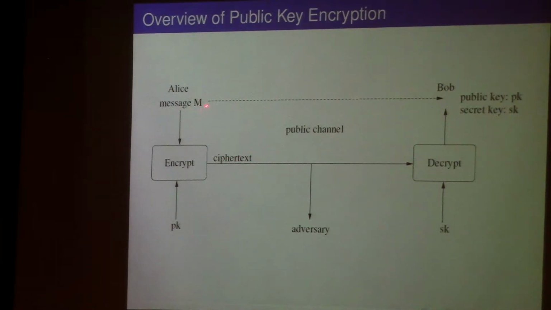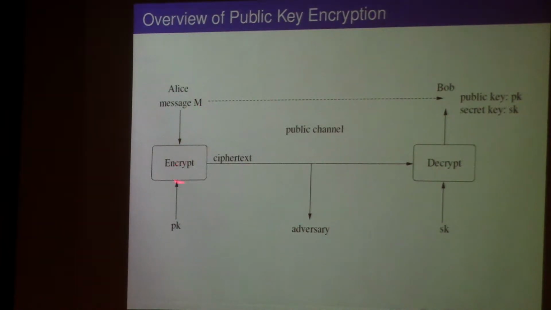So you have to send this message over a so-called public channel. Think of this as a bit sequence which you have to send over a public channel, so that anybody who has access to the public channel can get to know this message M. Now, if you want confidentiality, you cannot directly send it, so you do it via this procedure.